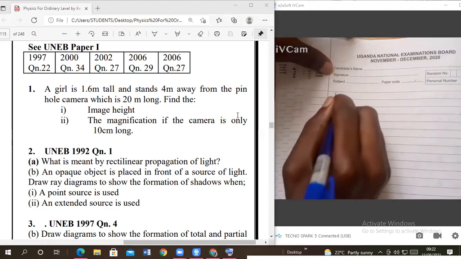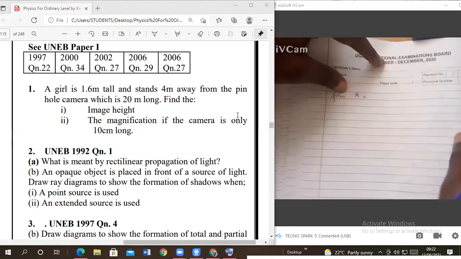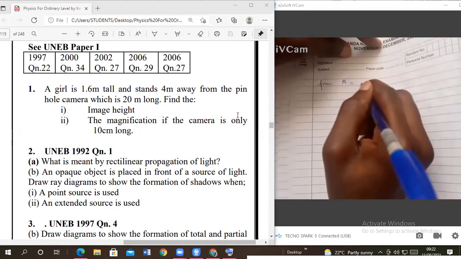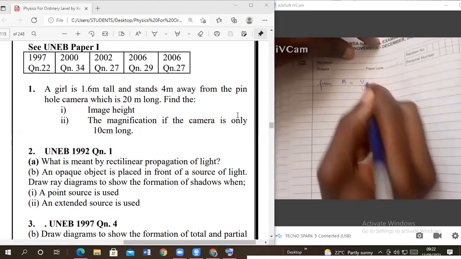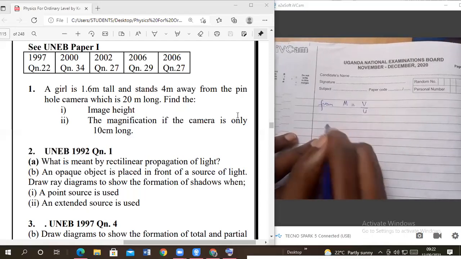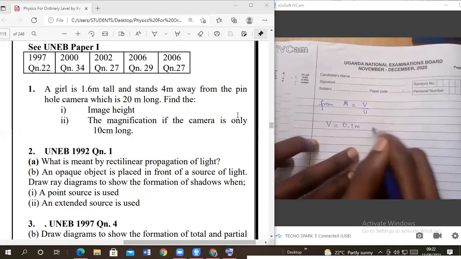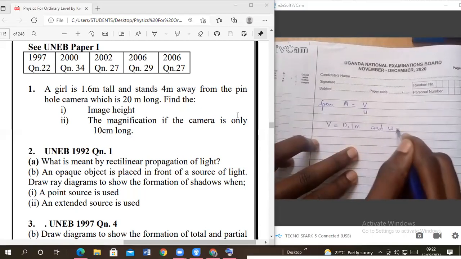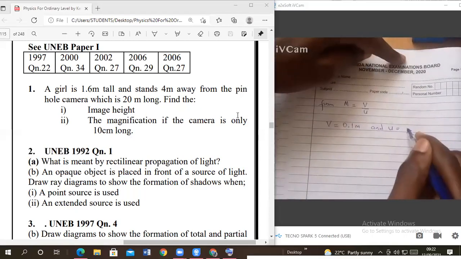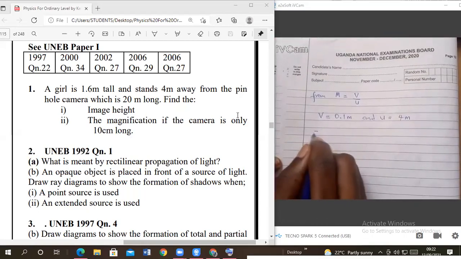So from M equals to V over U, our V we got is 0.1 meters. And our U, we still remain with 4 meters, because they have not given us a new statement.